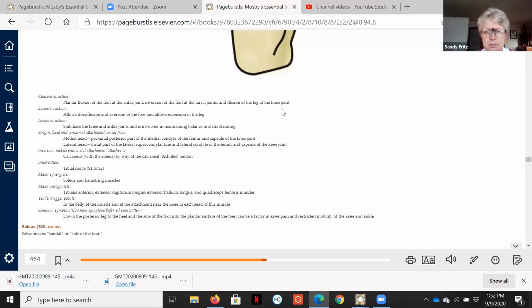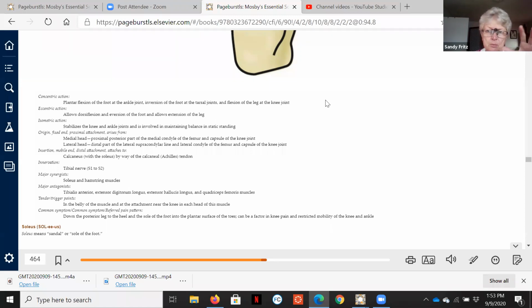Now its primary job is the first one listed, flexion of the foot. Down here, you see it's also got flexion of the knee joint because it crosses both joints. So that fits then with it being maybe not the prime mover, the one with the best mechanical advantage, like the hamstring group.